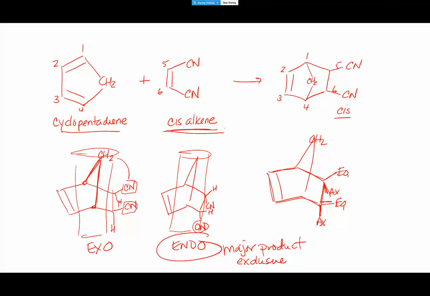The Diels-Alder reaction here we'll continue talking about on Monday, so it will not be on the exam. We'll pick it up from here and then move into aromaticity on Monday. On the exam, we will have the reactions and mechanisms that we talked about this week.